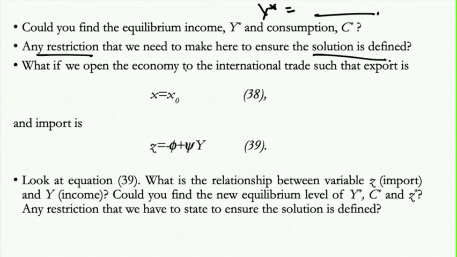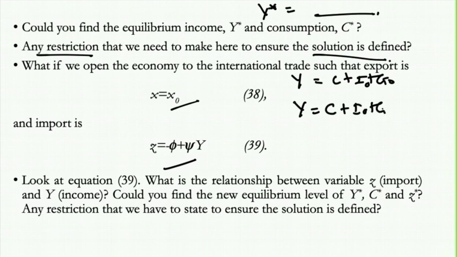If we open it to international trade, initially we have Y = C + I + G naught, and now we introduce international trade such that we have exports X naught and also imports Z. Then you have to extend it: C + I naught + G naught + X naught, and lastly minus imports.